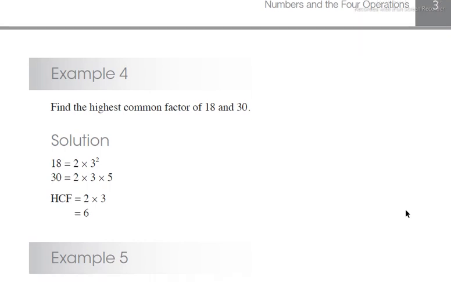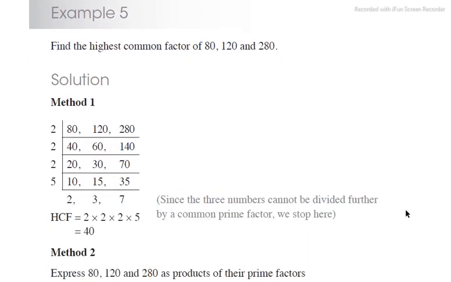Then in example 5 is where we shall use the ladder method. Example 5 requires us to find the highest common factor of 80, 120, and 280. So we shall use the ladder method, but when we are dividing, we make sure that the number dividing is dividing all the 3.